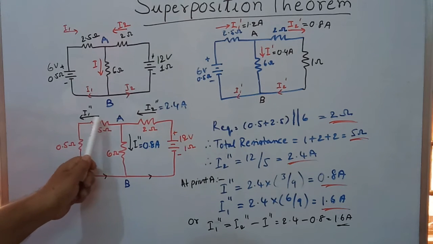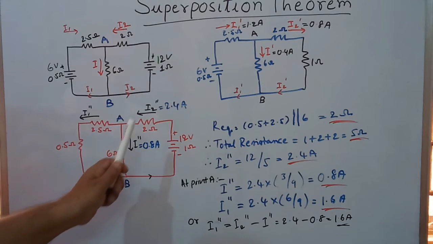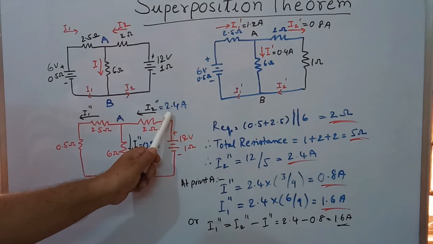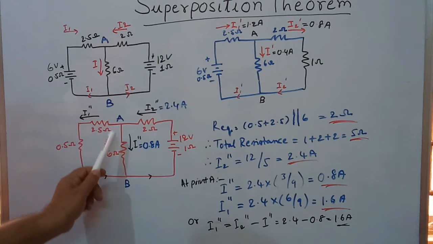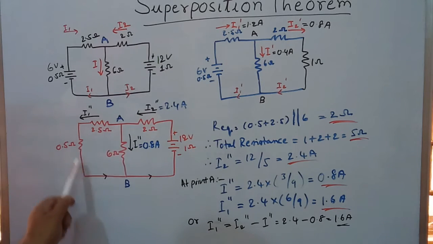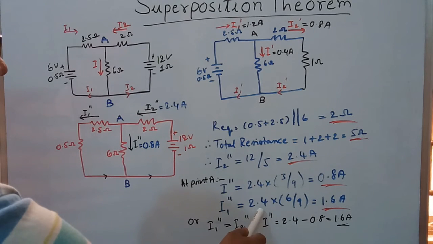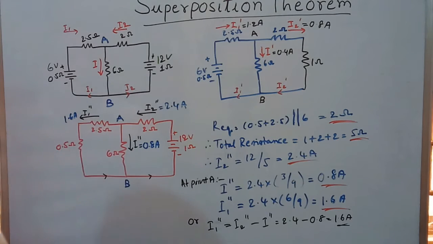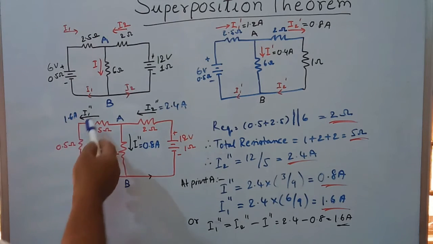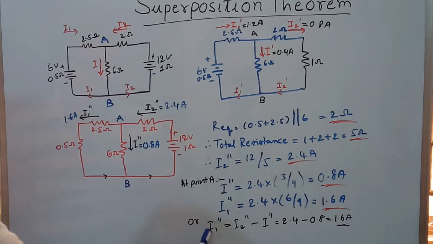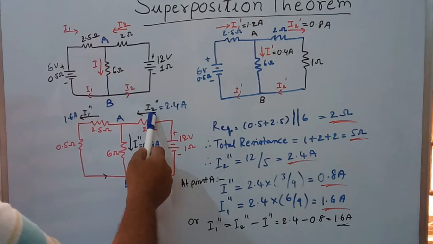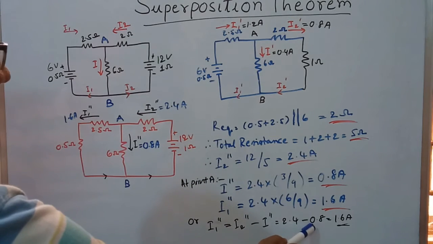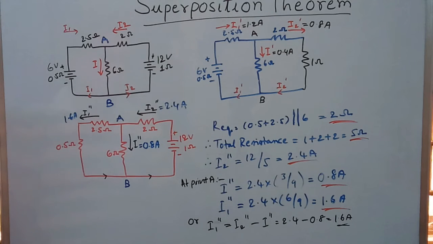To find out the current I1 double dash, 2.4 amperes into the opposite resistance 6 ohms by the sum of resistances, that is 2.4 into 6 by 9, equals 1.6 amperes. 1.6 amperes is the I1 double dash current, or in other words, I1 double dash equals I2 double dash minus I double dash, that is 2.4 minus 0.8 is 1.6 amperes.